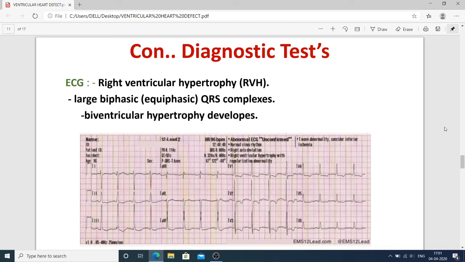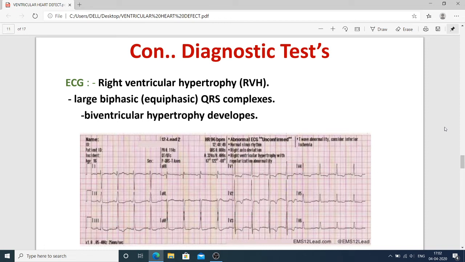Continue with diagnostic tests. There is ECG. Right ventricular hypertrophy means the right ventricle is larger than the normal. Large biphasic QRS complex, biventricular hypertrophy develops. Biventricular hypertrophy means both the right ventricle and left ventricle are large.